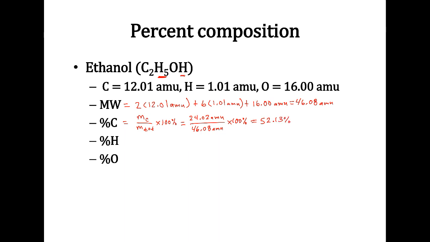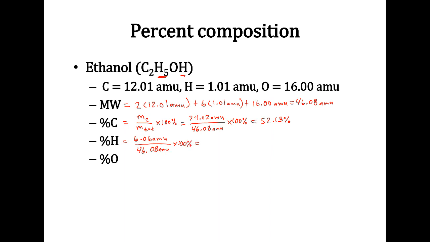Now for hydrogen, we'll take the 6.06 divided by the total, which is 46.08, times 100%.